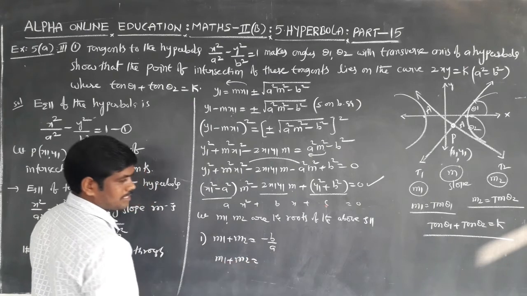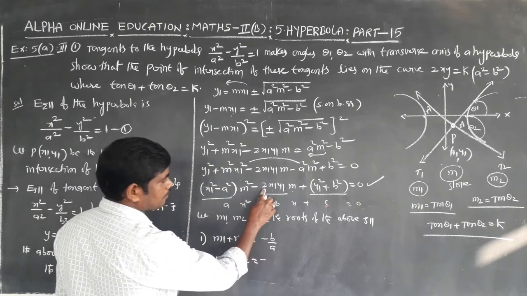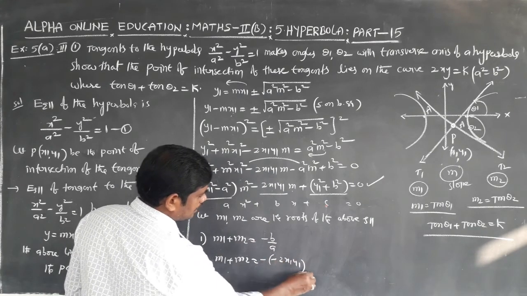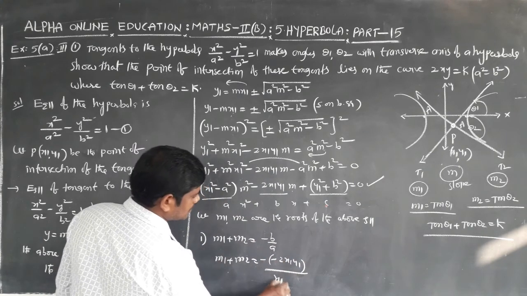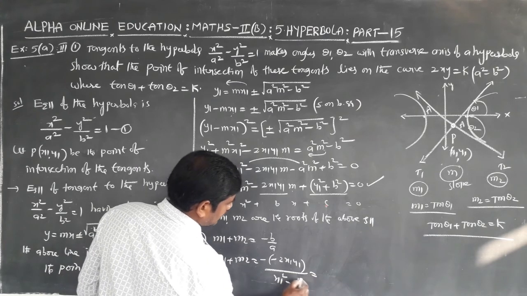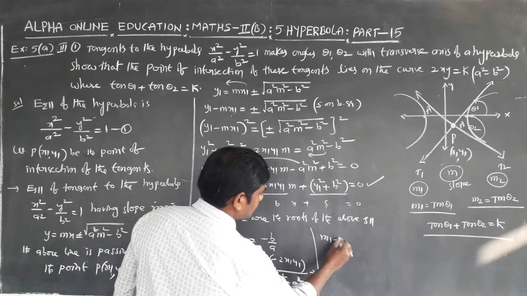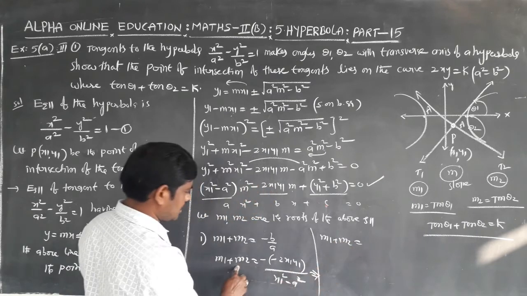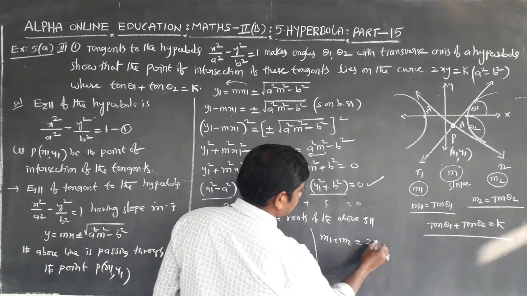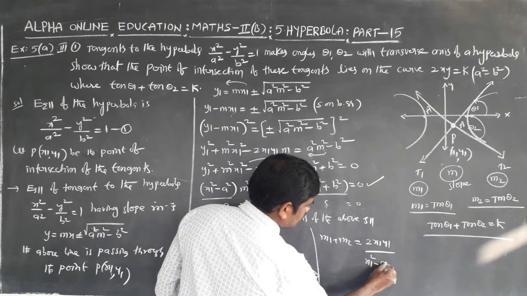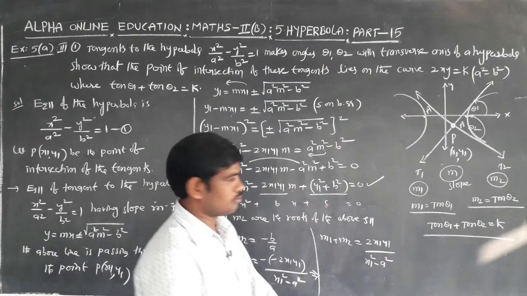So m1 plus m2 equal to minus b by a, where b means minus 2 x1 y1 and a means x1 square minus a square. So m1 plus m2 is equal to 2 x1 y1 by x1 square minus a square.